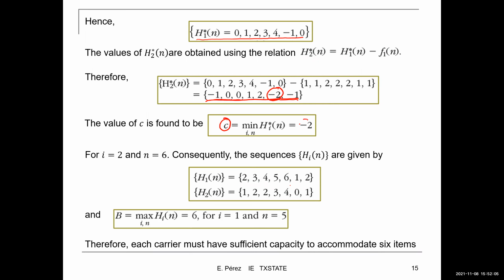So that's the minimum. And now, for I equals 2 and n equals 6, consequently, the sequence H1 star of n is given by this.